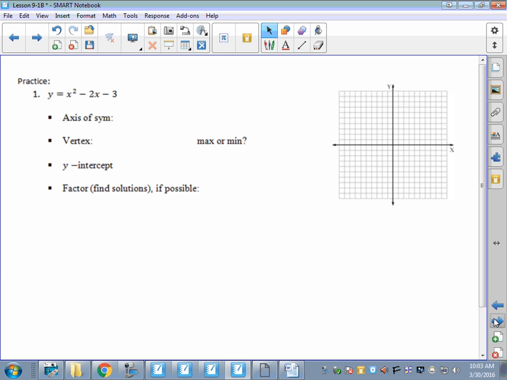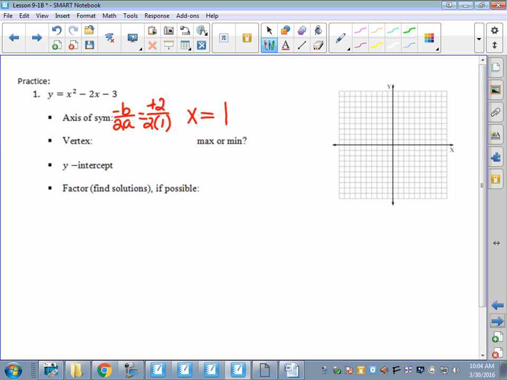Our first equation is x squared minus 2x minus 3. If I recall correctly, when we did this problem, we found the axis of symmetry. We did negative b over 2a. We did the math, so we did a positive 2 over 2 times 1. So we found that x equals 1.